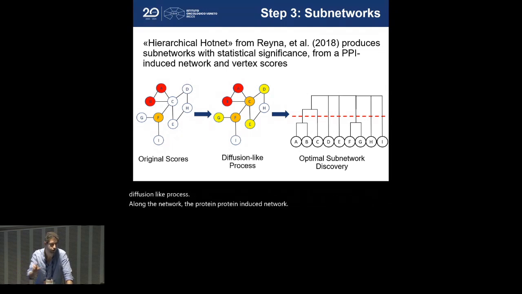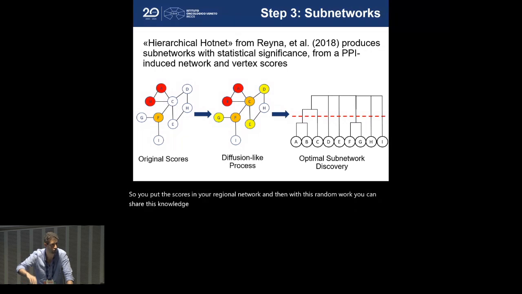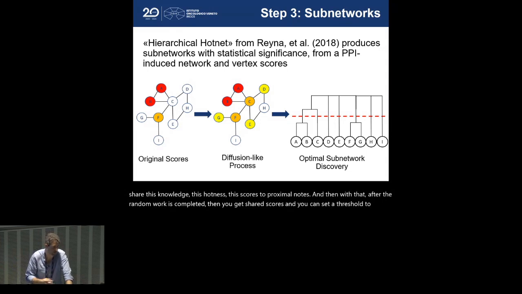So you put the scores in the original network, and then with this random walk, you can share this knowledge, this hotness, these scores to proximal nodes. And then after the random walk is completed, you get shared scores, and you can set a threshold to get the actual significant subnetworks out of the original one.